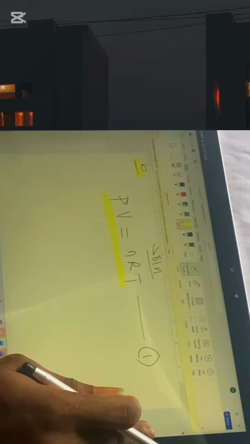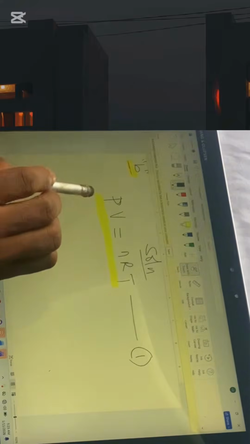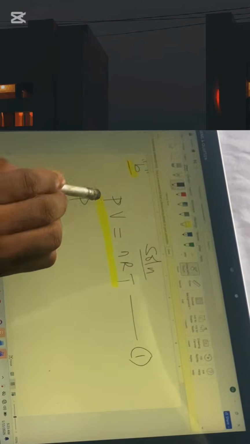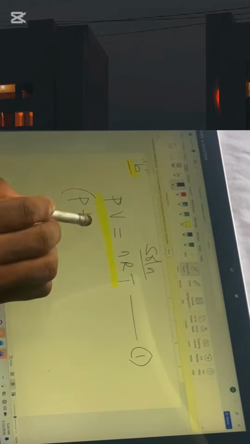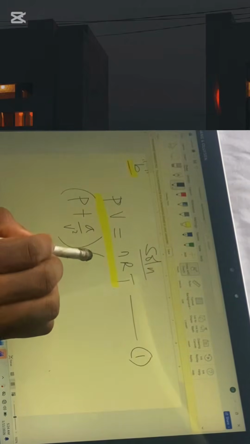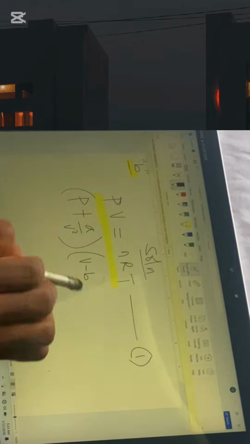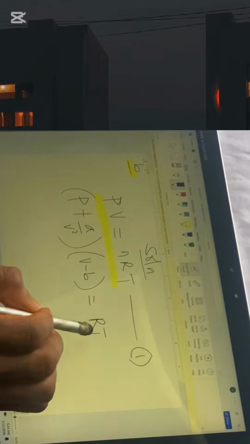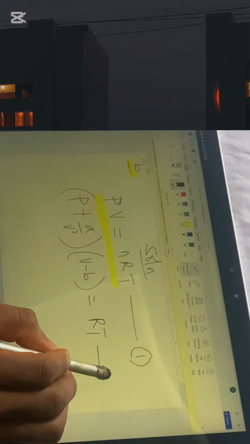So doing that, we have something like this. That is P, please take note, P bracket open plus A over V squared, close your bracket, into V minus B is equal to nRT. We can call this equation 2. Please don't be afraid of equation 1 and equation 2.